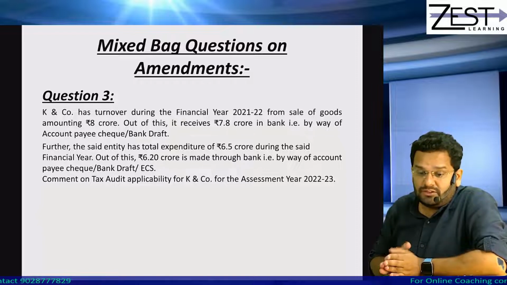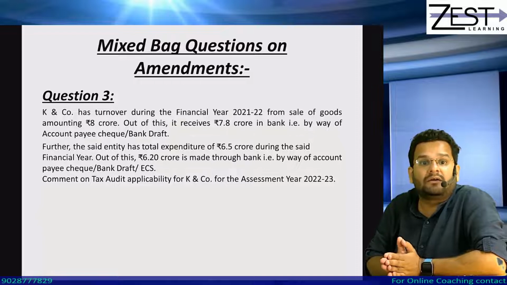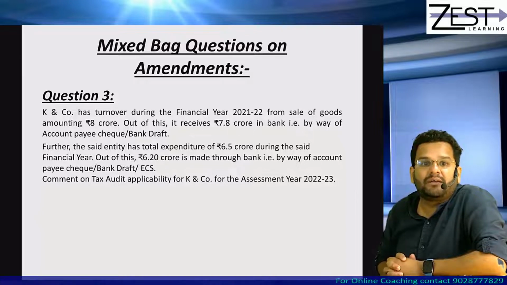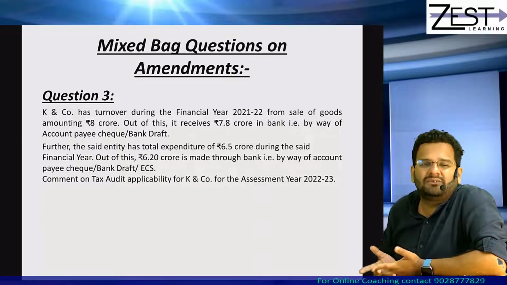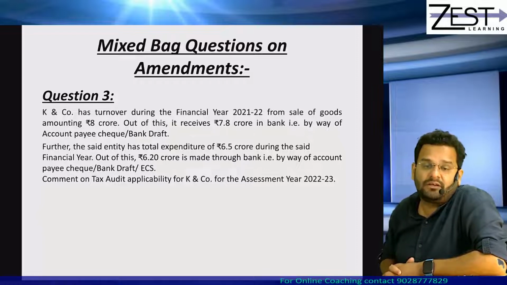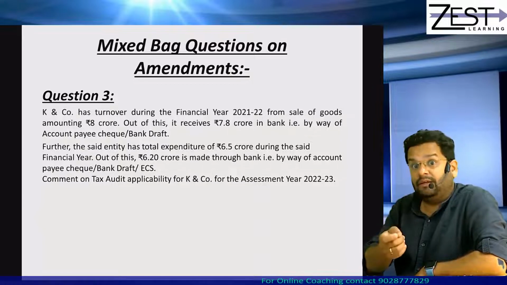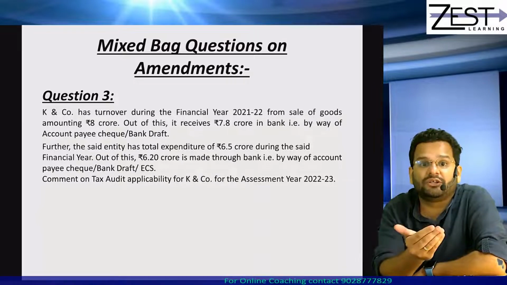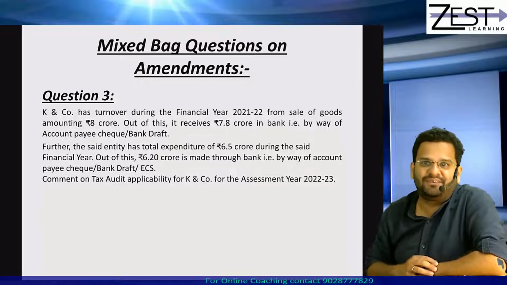Anyways, 7.8 crore is in bank, so 20 lakhs is in cash. Take on your calculator 20 lakh divided by 800 lakhs, 8 crore. 20 lakh divided by 8 crore into 100. Is it less than 5%? If yes, congratulations, first step is satisfied.